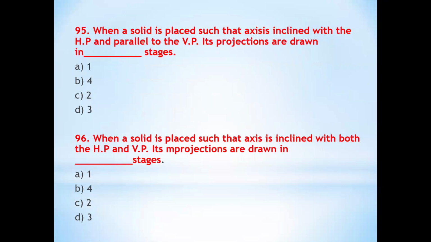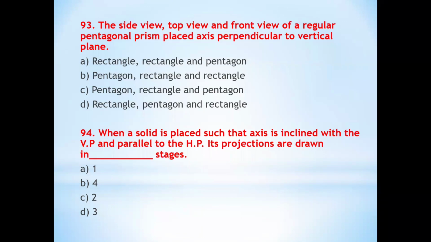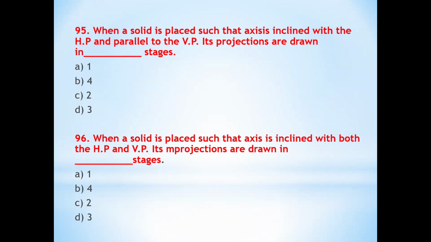When a solid is placed such that the axis is inclined with the HP and parallel to the VP, its projections are drawn in dash stages. Similar to the previous one, where the axis was inclined with the VP and parallel to the HP, here the axis is inclined with the HP and parallel to the VP. So just its inclination is changed.